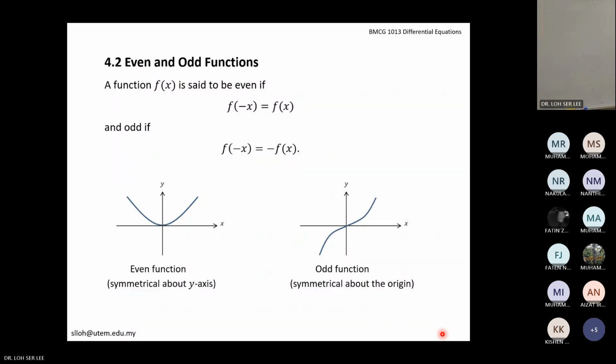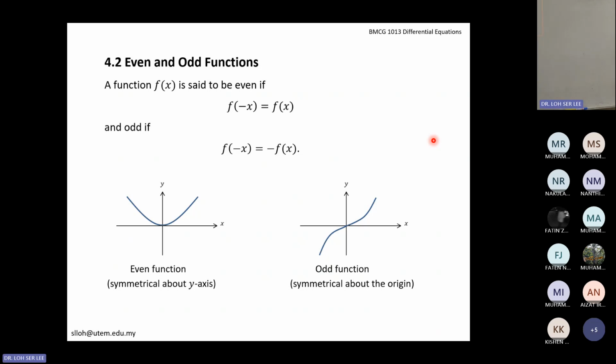Next, we will look at even and odd functions. There are two ways to identify whether a function is odd or even.